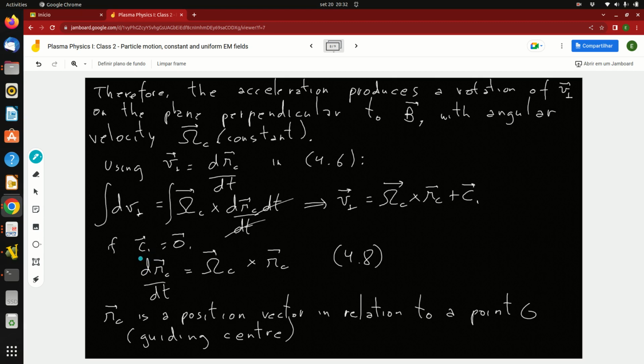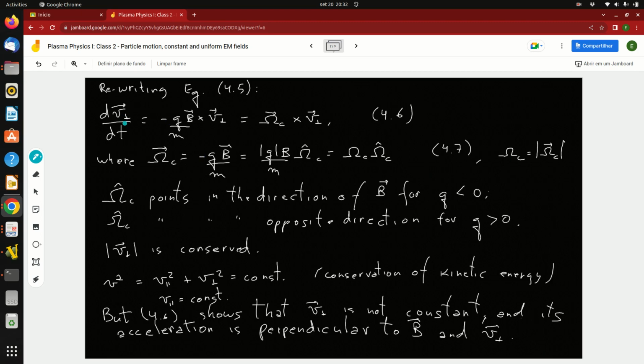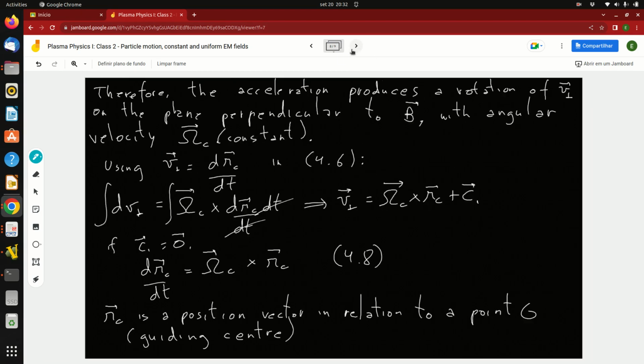We have the same equation for the velocity, dr/dt equals omega_c cross r_c, as for the acceleration, dv/dt equals omega_c cross v_perp. So we can guess the motion of the charged particles by looking at this.